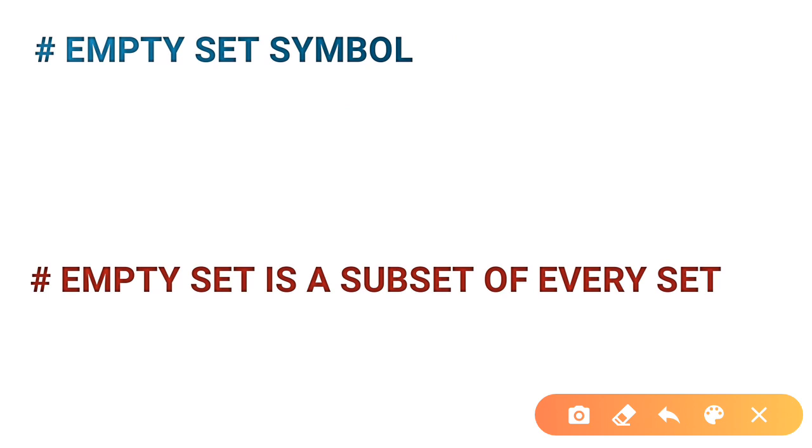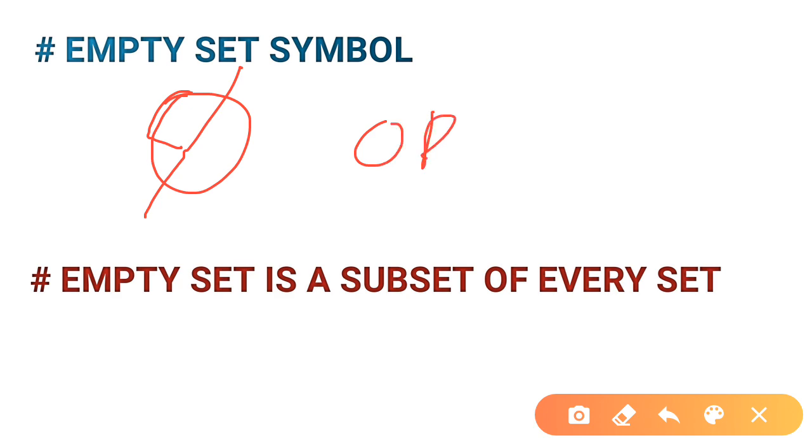The empty set symbol we have already seen: pi, or otherwise the curly brackets which are empty. These are the symbols for the empty set. The empty set also has other names, that is void set and null set.